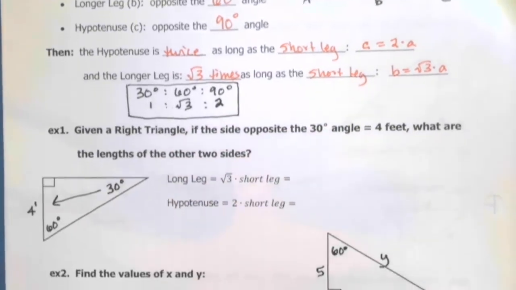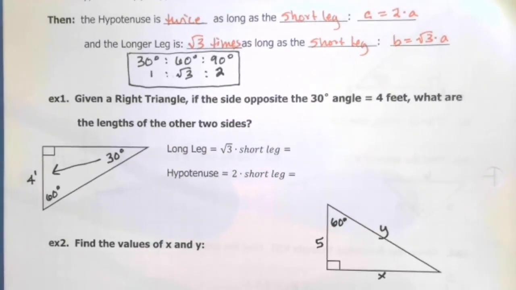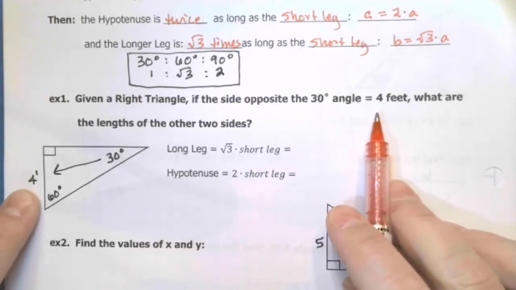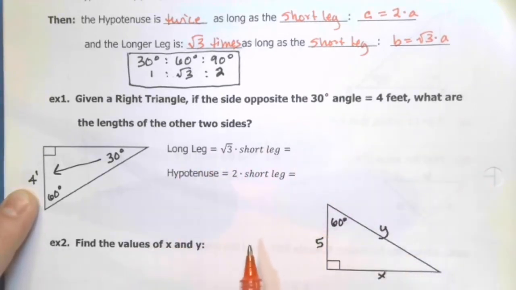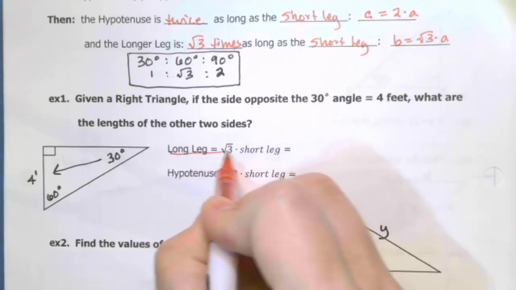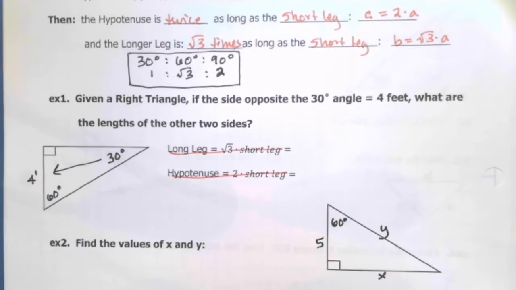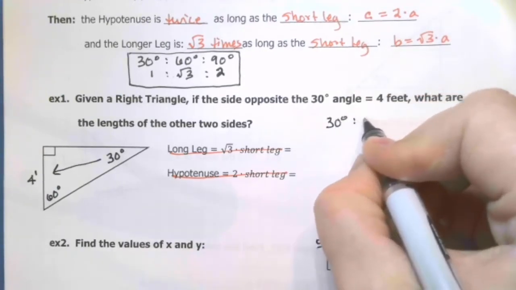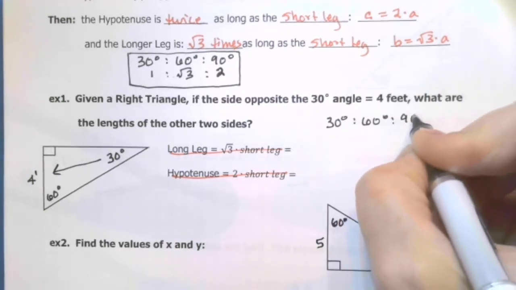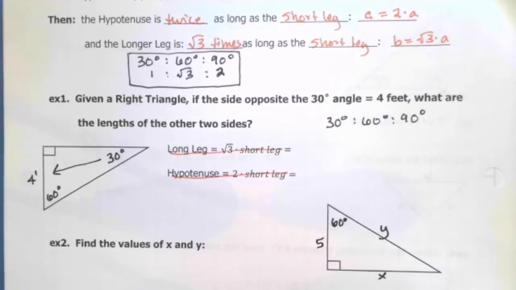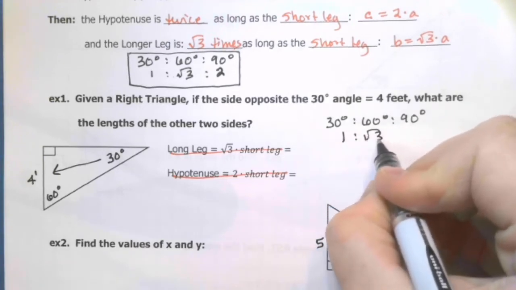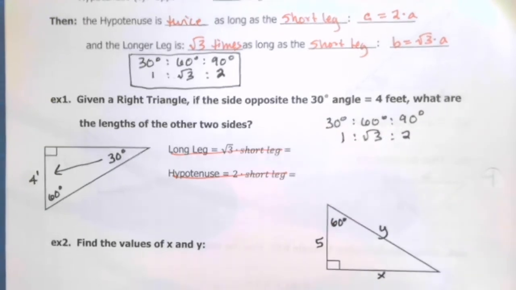All right, example 1. Given a right triangle, if the side opposite the 30-degree angle is 4 feet, what are the lengths of the other two sides? Now, rather than use the long method with the theorem, we're just going to use a triangle ratio. It's actually a lot faster. So this is a 30, 60, 90 triangle whose side lengths will always reduce to 1, radical 3, and 2.